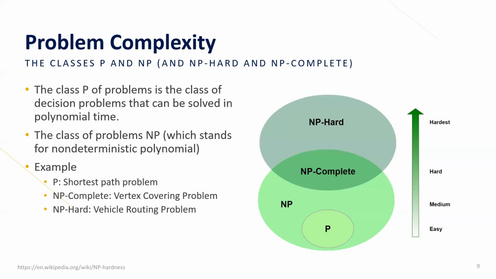For example, Dijkstra. If you have 100 points to be considered, the shortest path problem is to find the shortest route from an origin point to a destination point.